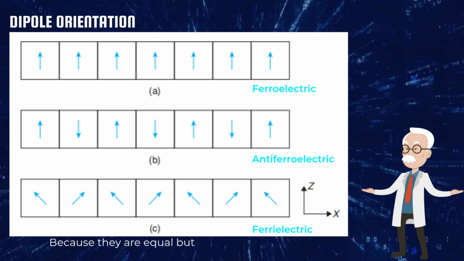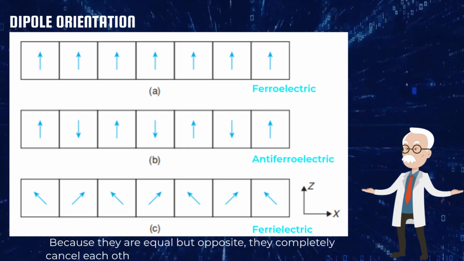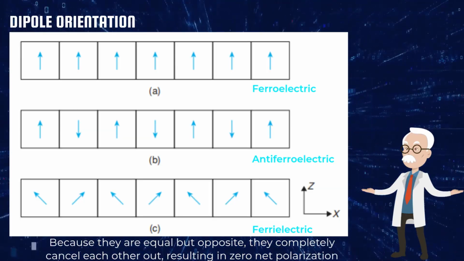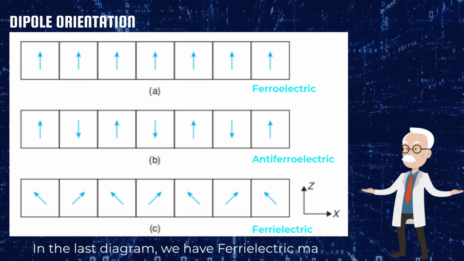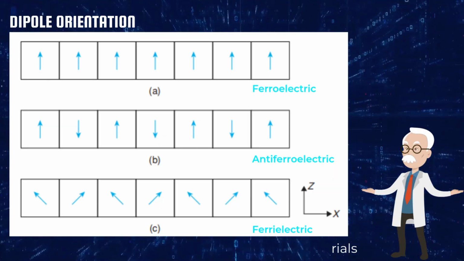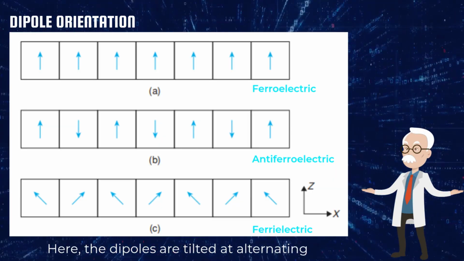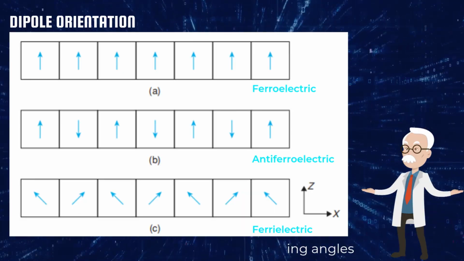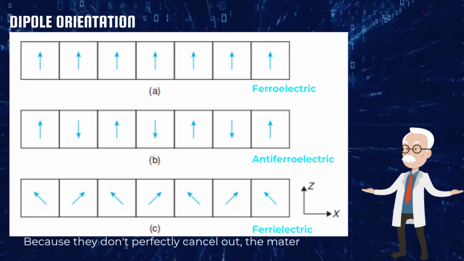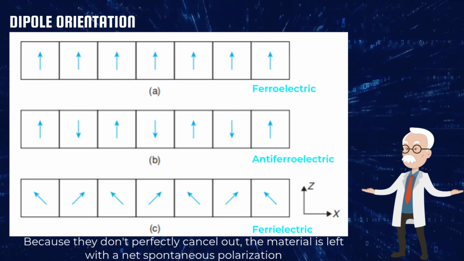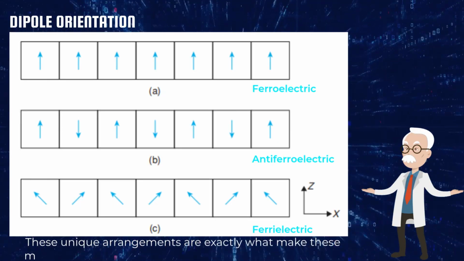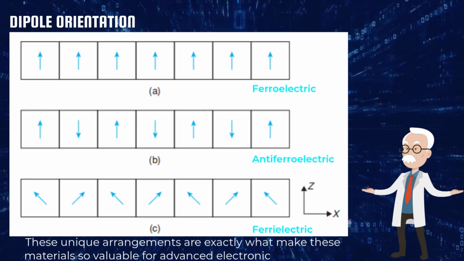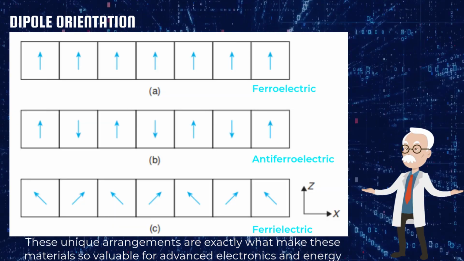Because they are equal but opposite, they completely cancel each other out, resulting in zero net polarization. Finally, in the last diagram, we have ferrielectric materials. Here, the dipoles are tilted at alternating angles. Because they don't perfectly cancel out, the material is left with a net spontaneous polarization. These unique arrangements are exactly what make these materials so valuable for advanced electronics and energy storage.